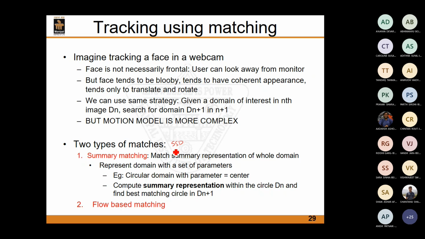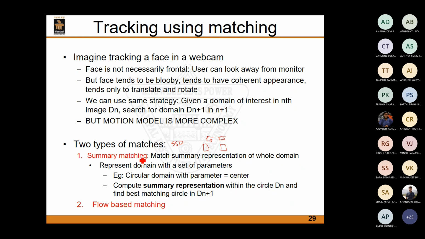So in summary matching, instead of just using the SSD or the sum of squared score, we can also use a better summary representation. For example, instead of just looking at two patches as such and trying to find out the similarity, maybe you can find the histogram of these patches and extract features from this histogram and then do the matching.